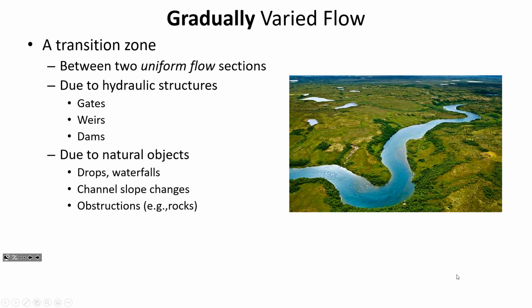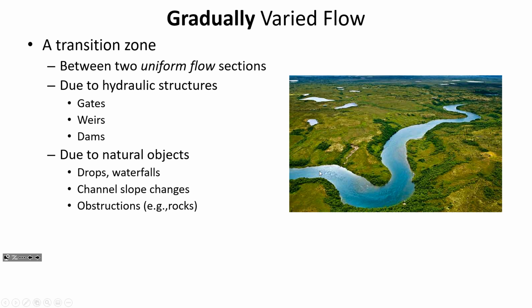We looked at weirs. Now, gradually varied flow is what happens when two different uniform flow sections are connected, and the water has to go through a subtle transition in depth because of those two sections that it's connecting.